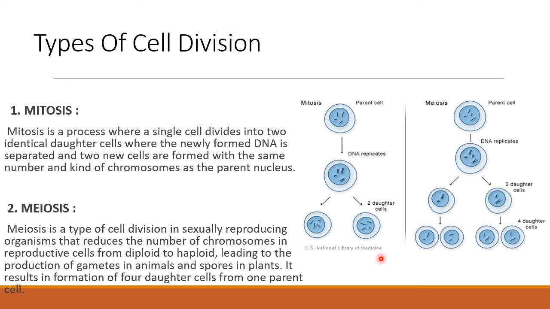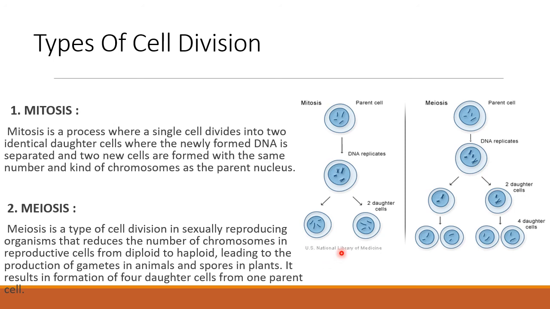And meiosis 2 is also divided into four sub-stages, that is prophase 2, metaphase 2, anaphase 2 and telophase 2. In ninth standard, we are going to learn only till here. We'll be learning in detail in higher standard, that is in 10th grade.